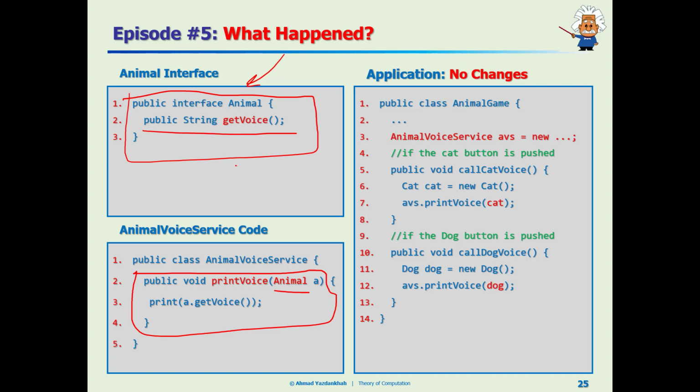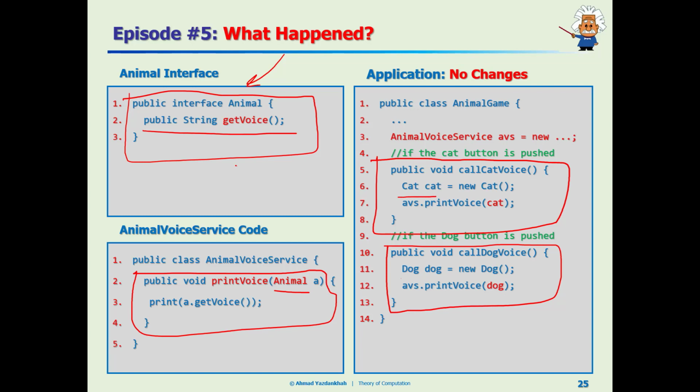From our side, there won't be any changes. We can use the same code. The only thing that is changed is that from now on, we are in charge of these cat and dog classes.